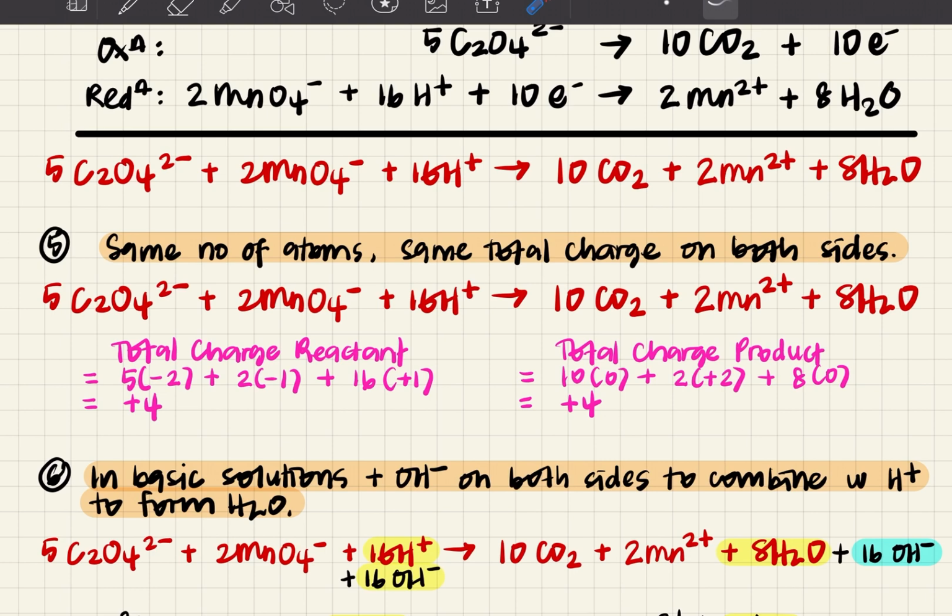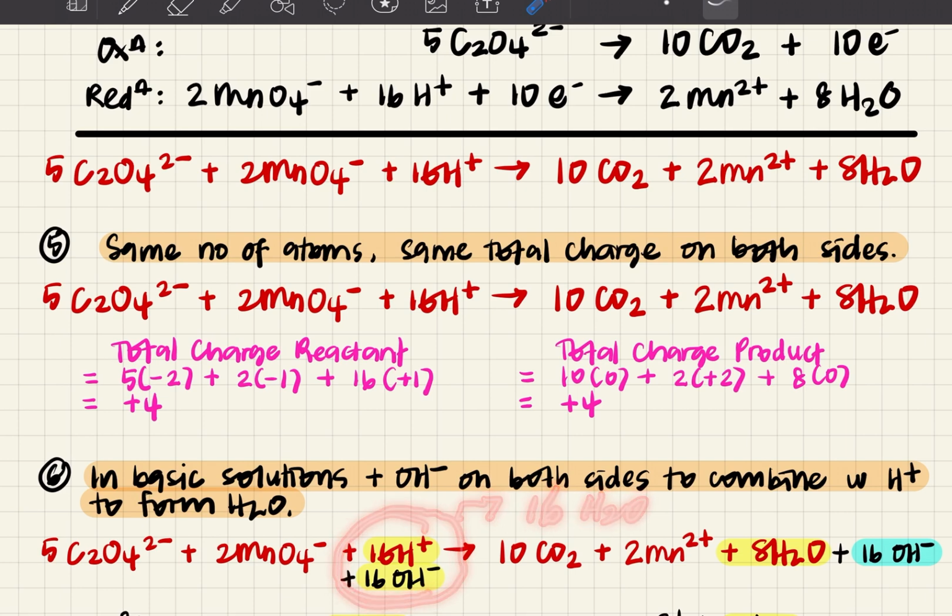Okay, tadi kita cakap yang the H plus and OH minus on the same side will form water. So that means that these 16 H plus and 16 OH minus will form 16 H2O molecules lah.